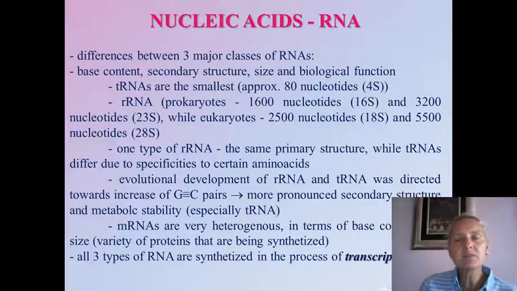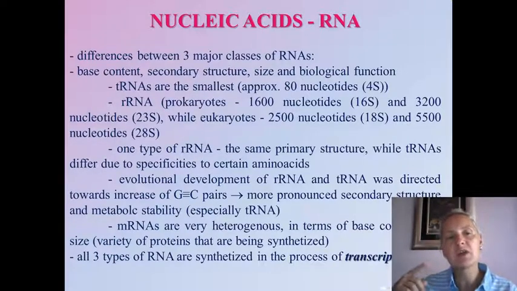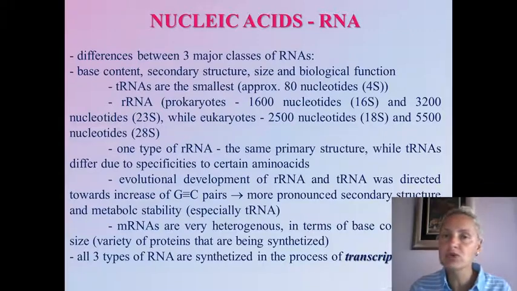So there are some differences between three major classes of RNA molecules, and they differ according to their base content, of course, which is logical, according to their secondary structure, and we will discuss it in the upcoming slides. About their size, the smallest are tRNA molecules.